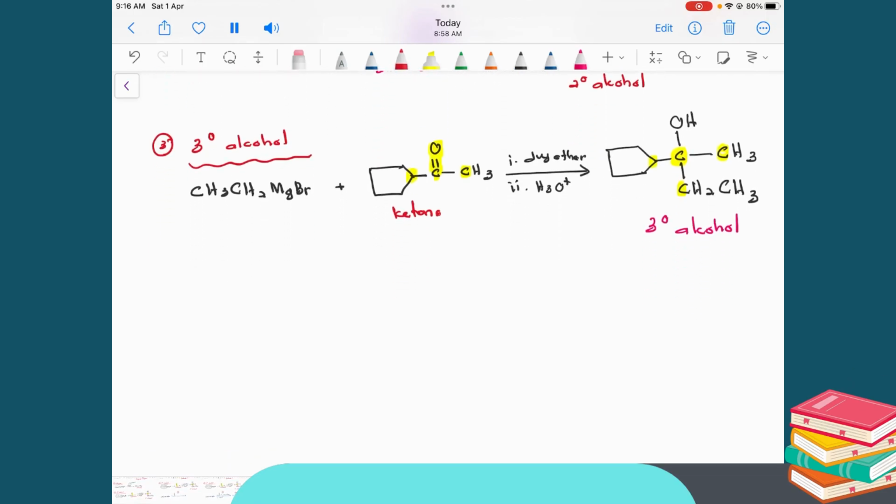Number 4 is how we can produce a carboxylic acid from a Grignard reagent.